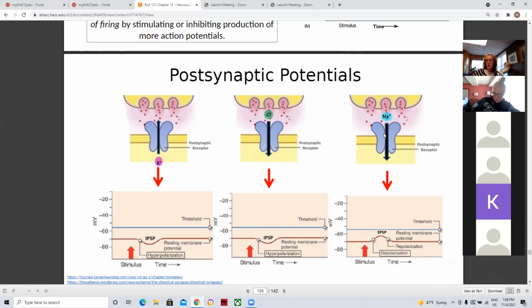If sodium enters the cell, the inside of the cell is going to become more positive, meaning it's going to get closer to reaching threshold. So inhibitory postsynaptic potentials are going to hyperpolarize the membrane. Excitatory postsynaptic potentials are going to depolarize it.